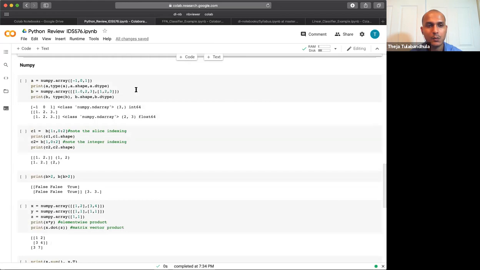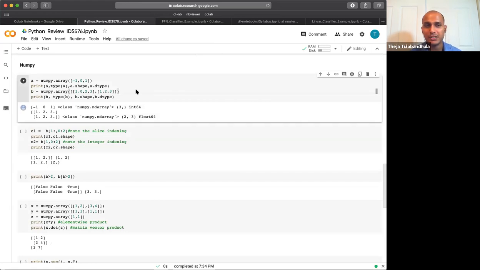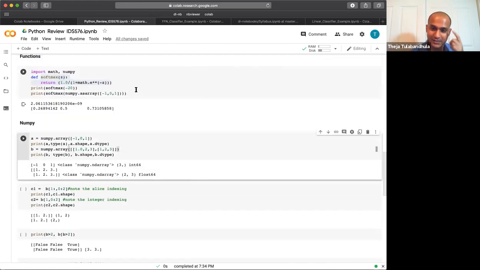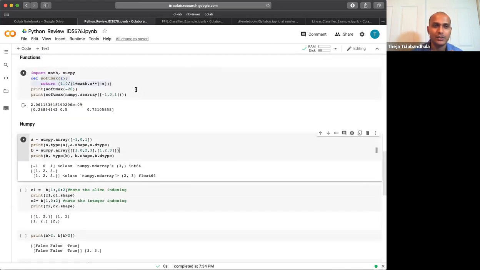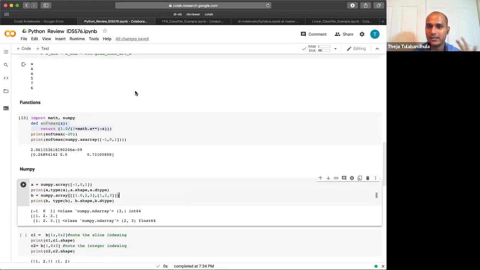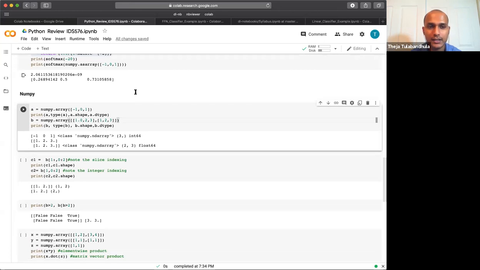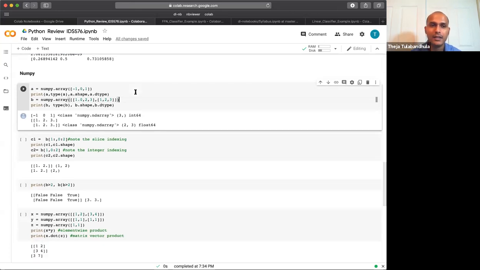So next, I don't want to spend too much time on NumPy, because we've already covered quite a few things for you to go back and check if you have not done, since last week, to try out functions, try out dictionaries, lists, tuples, sets, and generally play with printing statements and for loops. Okay. The second thing, once you're a little bit more comfortable with these basic data types, then you should start looking at NumPy.